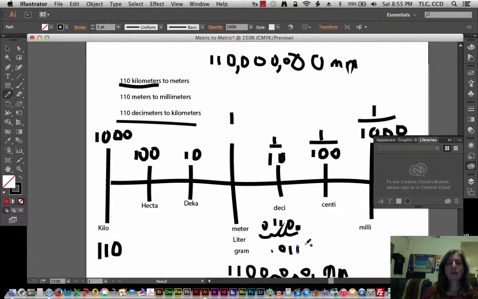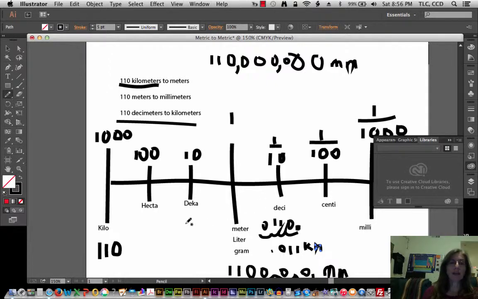So what it's telling you is this is kilometers. It's a very small amount of kilometers, of course, that would equal 110 decimeters, because decimeters are teeny tiny, and they're only a small fraction of even 1 meter. It's 1/10 of 1 meter.